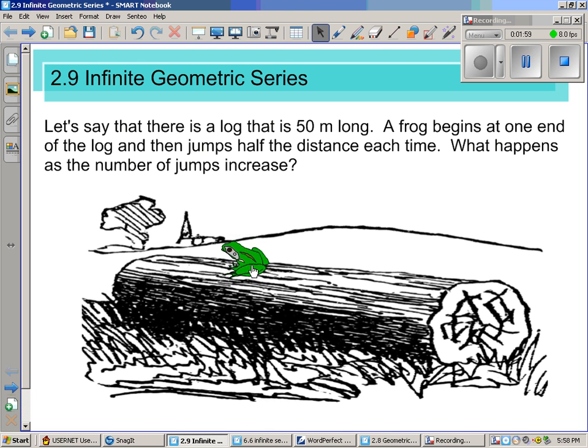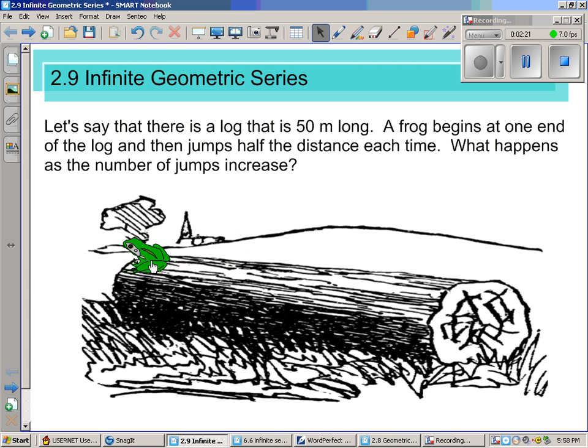Well, think about it. You can always take half of a number, right? Half of one is a half, half of a half is a quarter, half of a quarter is an eighth. So there always, in theory, is going to be some number to half, so we can only get half of that distance. Now, what do you notice about the size of the jumps?